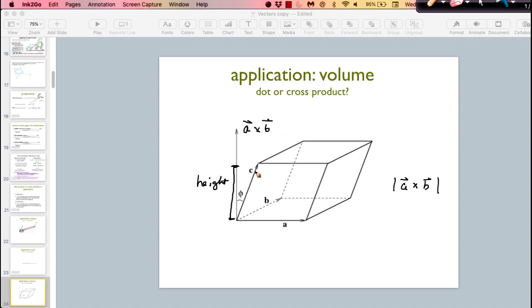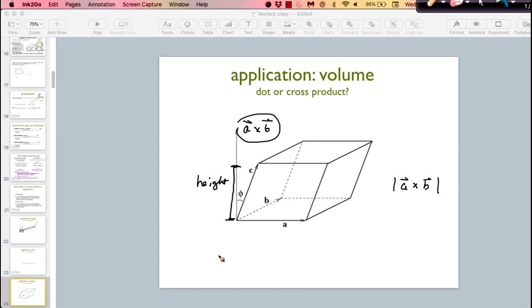Don't I want the magnitude of C that's as much as it is in the direction of A cross B? And what's that? Dot product, right? I want the magnitude of C, but only as much of it as is in the direction of this vector.